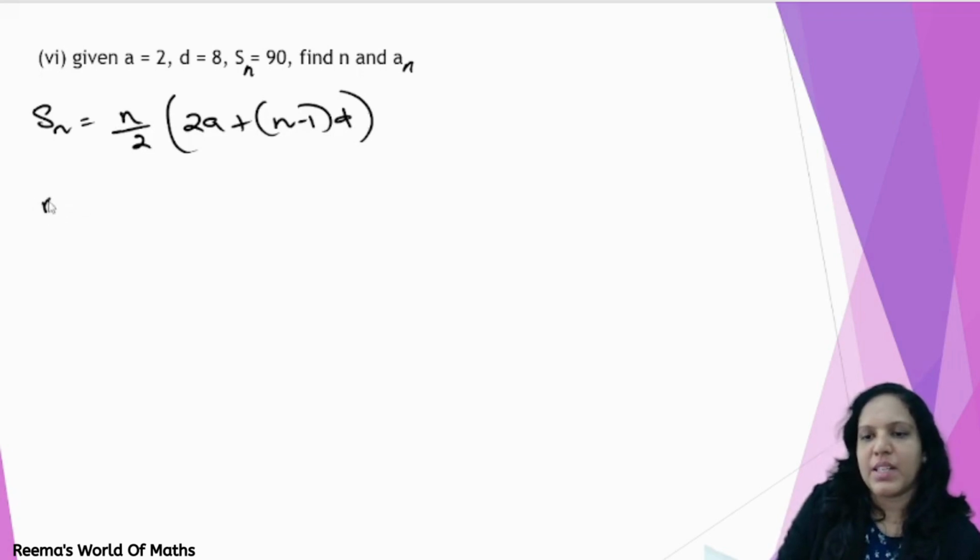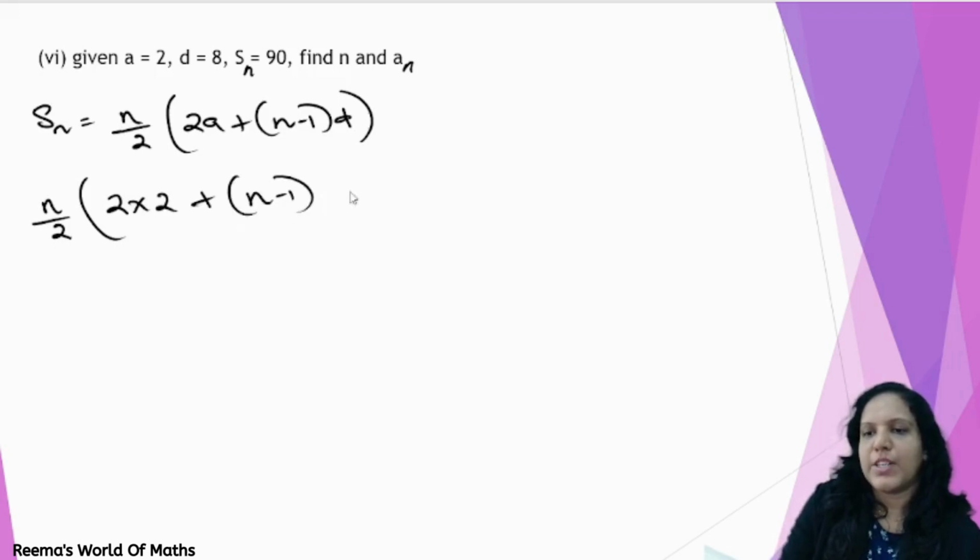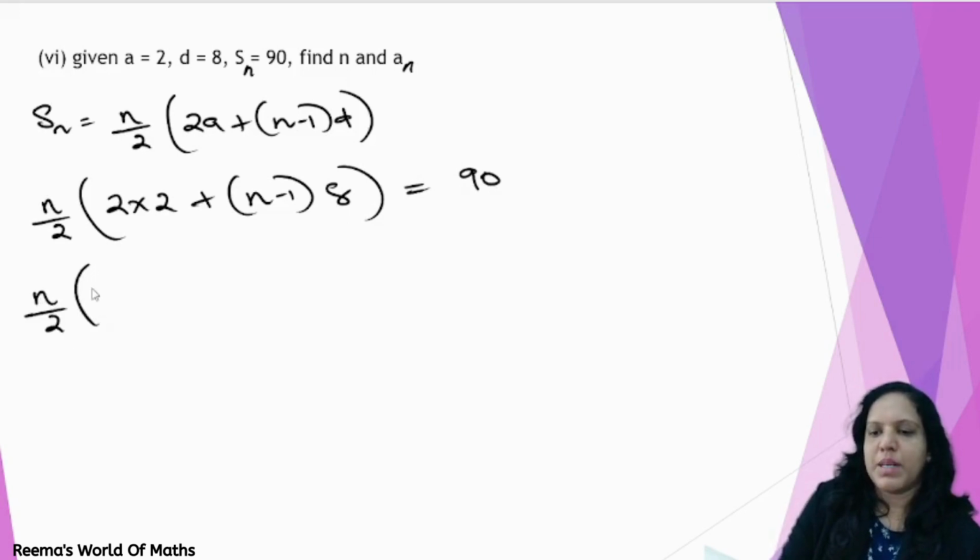We don't know n, so we can write n by 2 multiplied by 2a, where the value of a is 2, so 2 multiplied by 2, plus n minus 1 into d, where the common difference d is 8, equals 90. So that is n by 2 multiplied by 4 plus 8 into n minus 1. Remove the bracket, so that will be 8n minus 8.